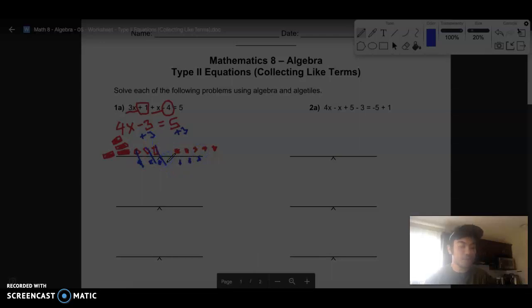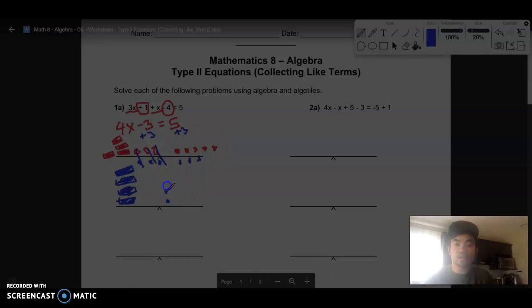Okay. So what are you left with? You are left with 4x, right? 1x, 2x, 3x, and 4x. Make sure you color them. And then what is on the right side? You have 1, 2, 3, 4, 5, 6, 7, and 8. So it's really easy.